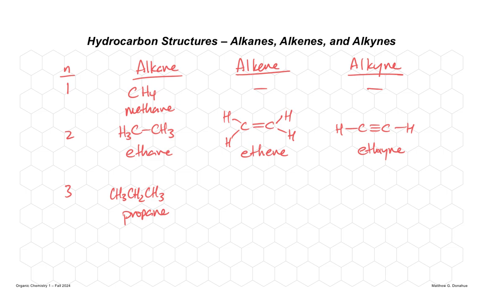You'll get the same thing. So now this is propene. So the ending of the name, again, is giving you an indication of what the functional group is. And now from that existing double bond where we're going to remove an equivalent of H2, this is going to be propyne.